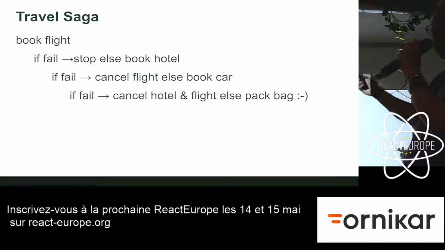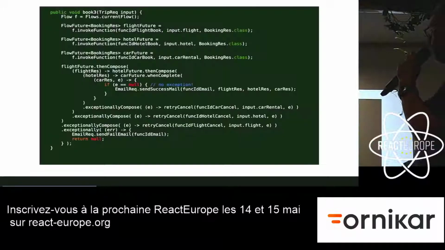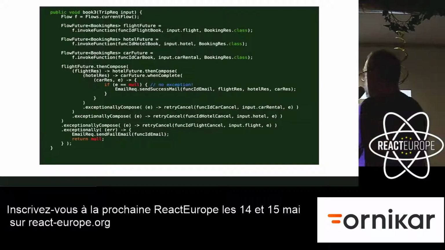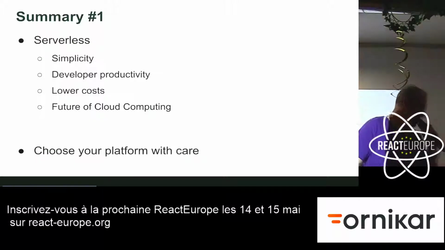So if you book your flight, if that fails, you'll cancel, and if otherwise, you book the hotel. So you go on and you can create code that looks something like this. So we've got a flight future, a hotel future, a car future, and then we can compose these together. And if any of these stages fails, then we're going to cancel everything, and if it doesn't, we'll get an email to say that we're going on our holidays.